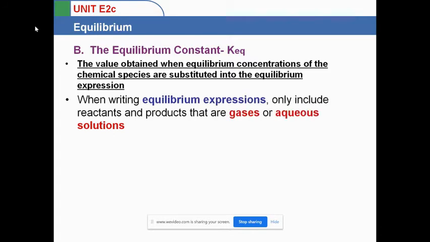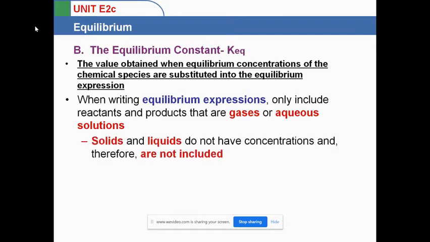When writing equilibrium expressions, please note that you only include reactants and products that are gases or aqueous solutions. So you have to look at the state of matter. Since solids and liquids do not have concentrations, they're constant, you do not include them in the KEQ expression.